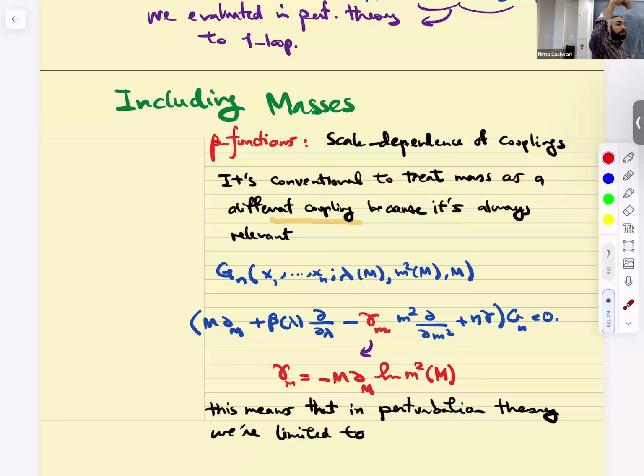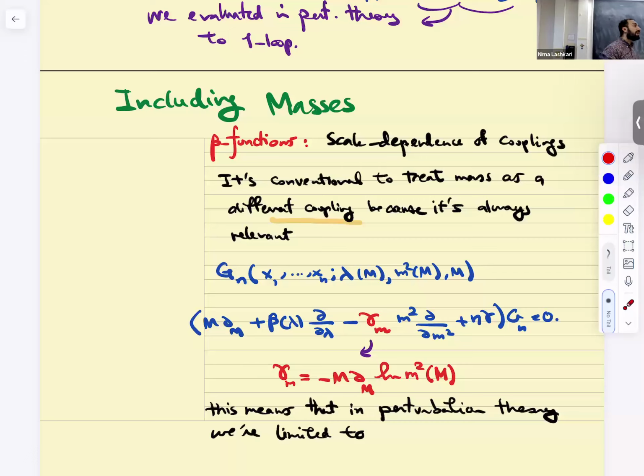Remember that what we are doing in renormalization group flow, what we're capturing is the response of the correlation function to scaling, to change of scale, right? So it would be a perturbation theory around a scale invariant theory, which is massless.